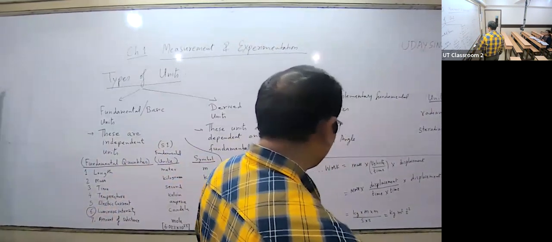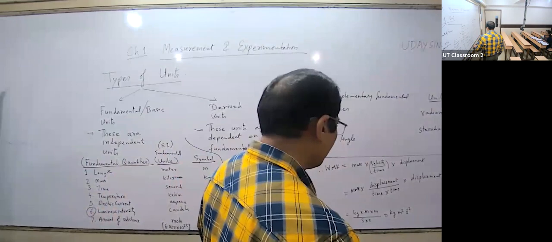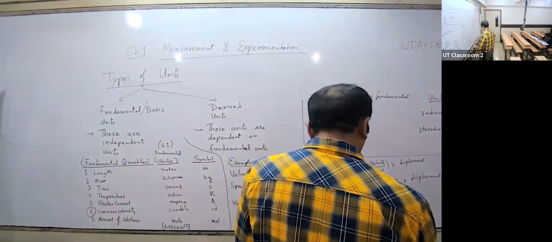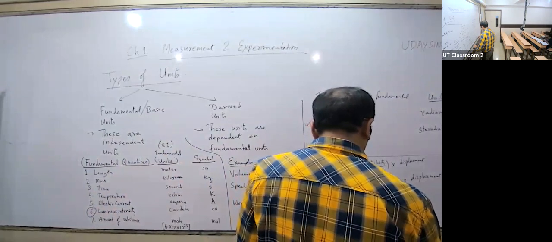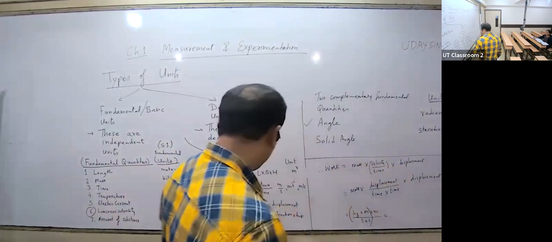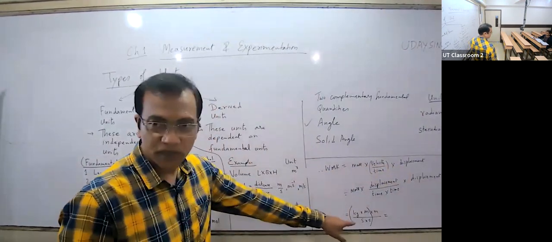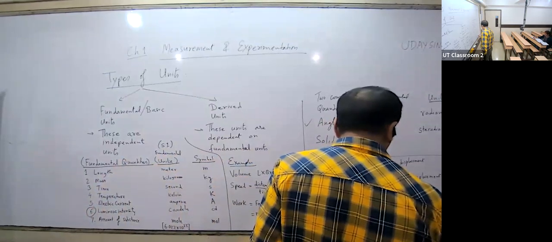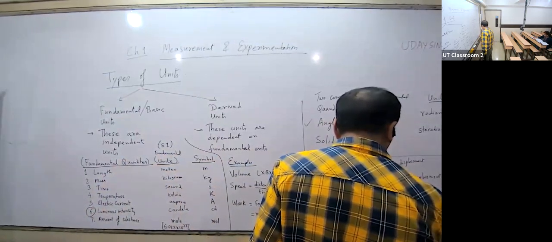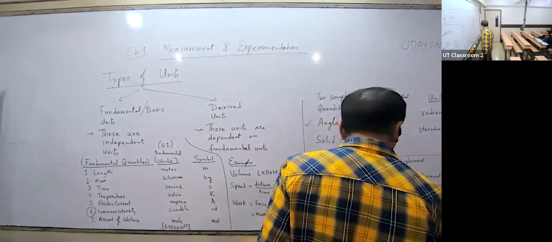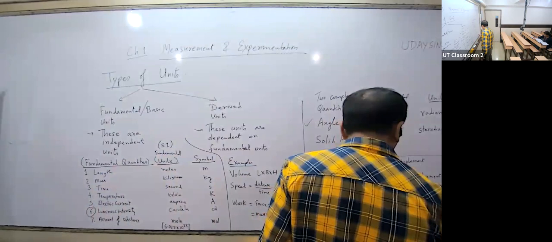Now if I want only the unit of force, let me write the unit of force: kg meter per second square. Initially we had force into displacement, so kg meter per second square into meter.